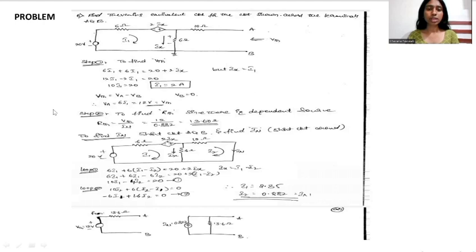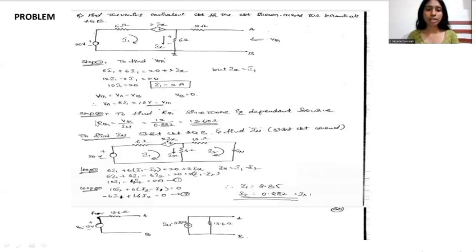So this is the problem under Thevenin's theorem, and the circuit is given. In step 1, we find VTH by applying KVL to loop 1, and we get I1 as 2A, and VTH equals VA minus VB, where VA is 12 volts, that is equal to VTH.